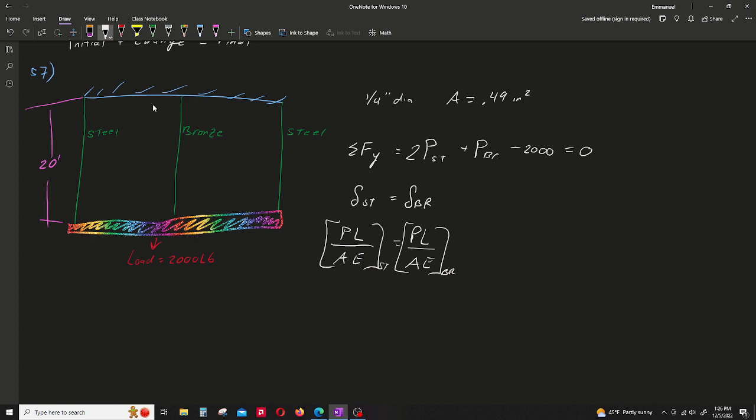And then so therefore we don't know our P, but we do know our L, which is our 20. Of course it's in feet, so we have to put it in inches. Then divide that by our A, which is 0.49, times 30 million. Then we get P for the bronze.